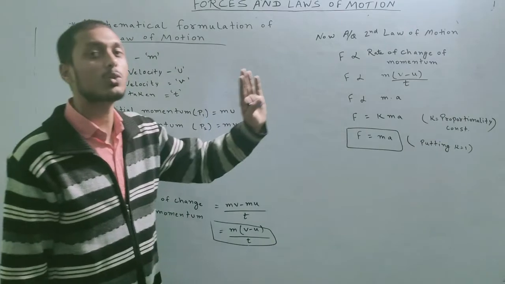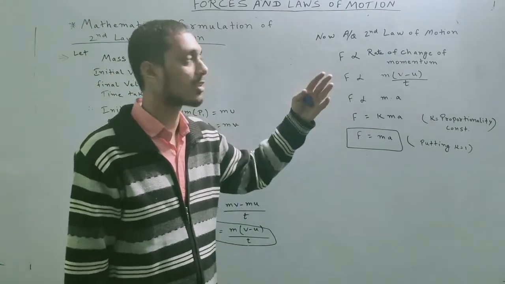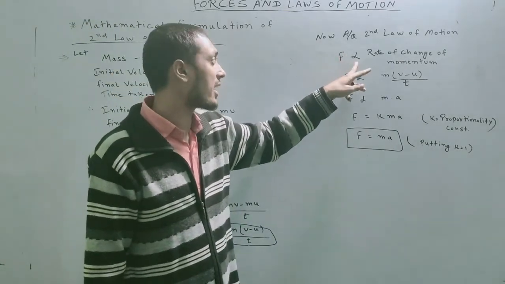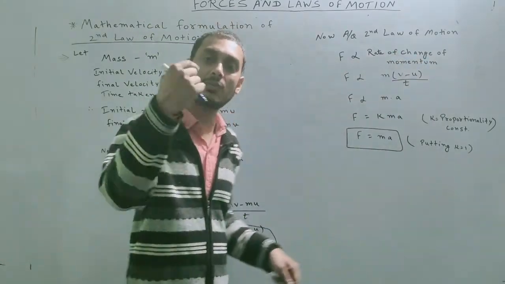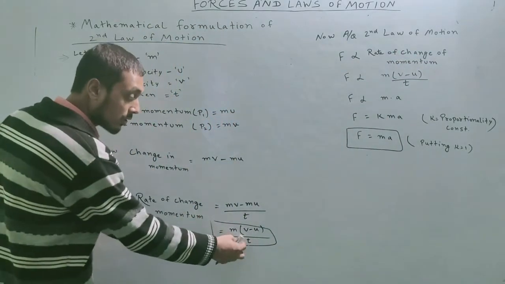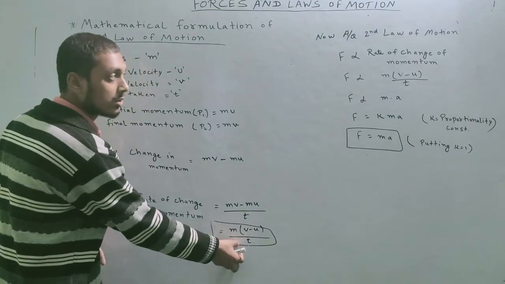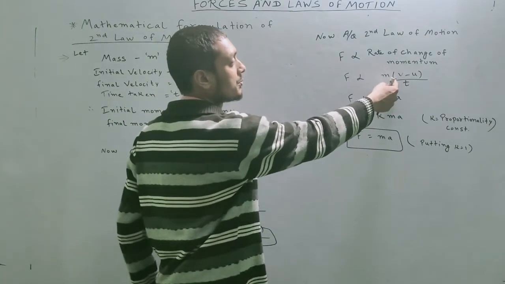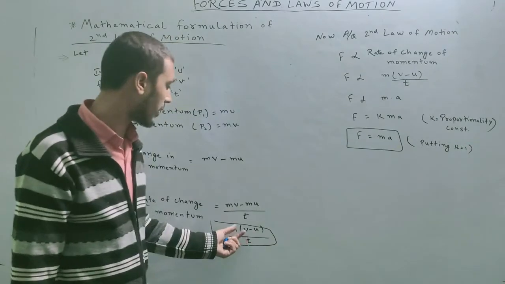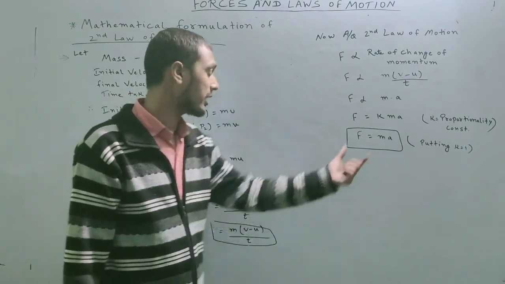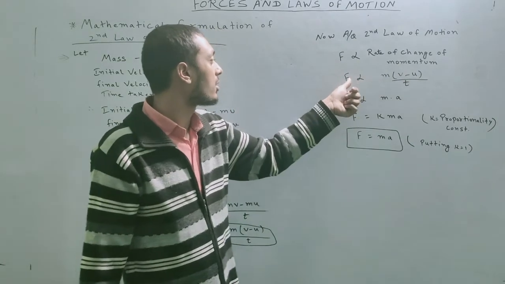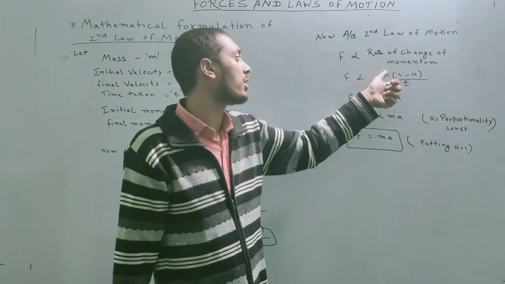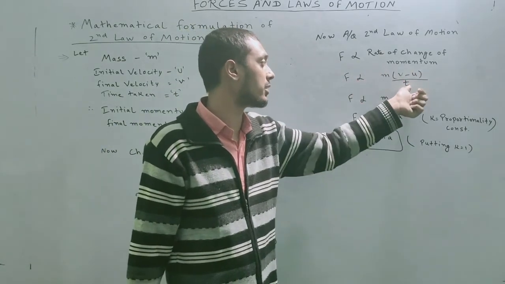Then according to the second law, force is directly proportional to the rate of change of momentum, and we have already found the rate of change of momentum. Then we have to place it here. I have placed this value in the definition. Then we can write F is directly proportional to m into (v minus u) upon t.